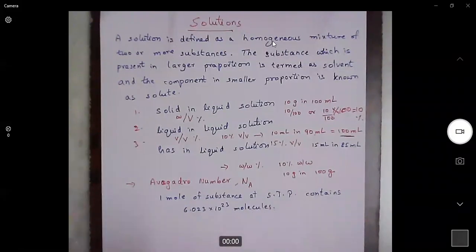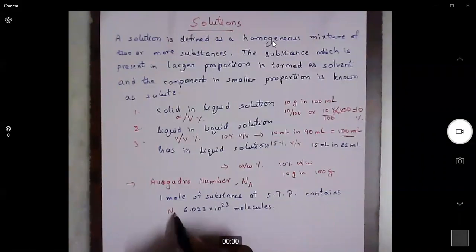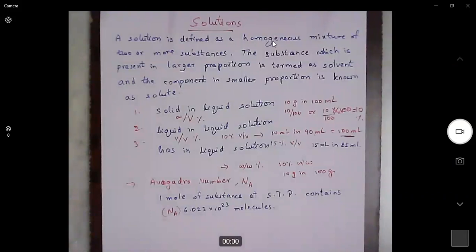What is the value of Avogadro number? It is 6.023 into 10 power 23 molecules. So 1 mole of any substance contains Avogadro number of molecules.